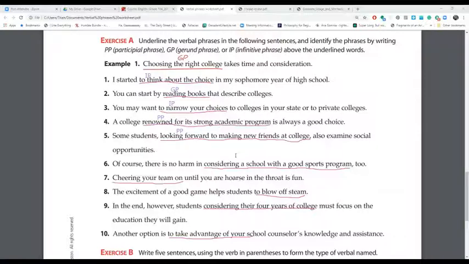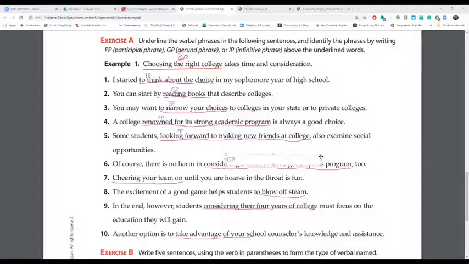Number 6, of course, there is no harm in considering a school with a good sports program too. Is this a participle phrase or a gerund phrase? This one should be a gerund. Good job. This is a gerund phrase.